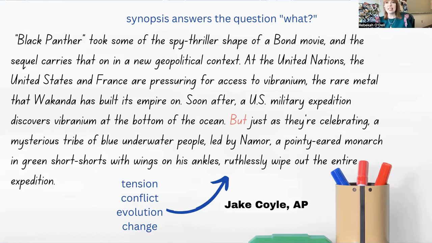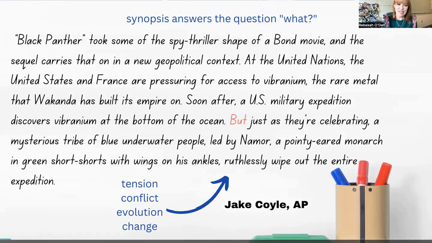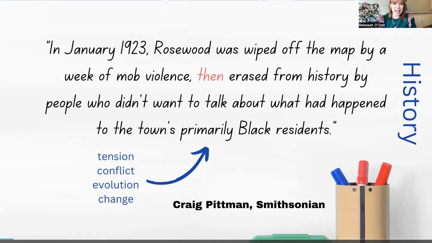It's not just, this is a movie about a geopolitical landscape in which people want vibranium. We add this, but here's the tension, but here's the conflict, but it's not so simple. So we can see that using that word, but as the pivot here, but still giving that big, broad, general overview. Let's look at this in a couple of other mentor texts.